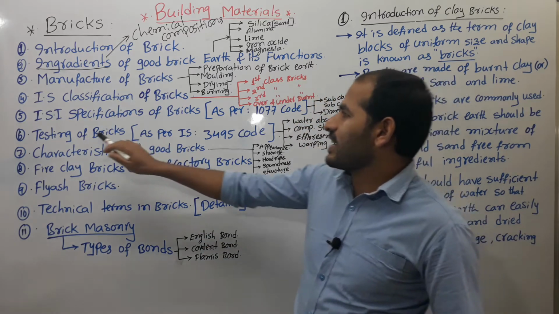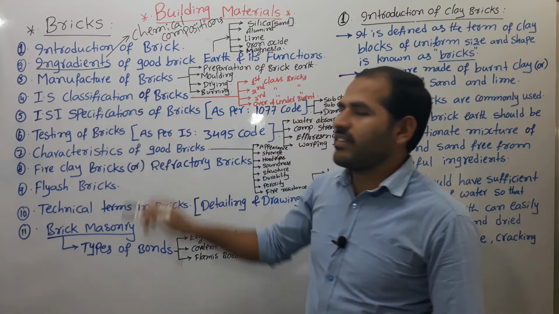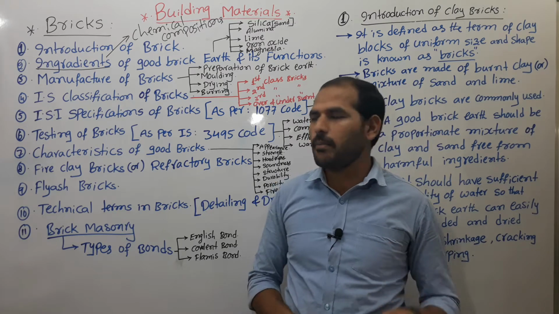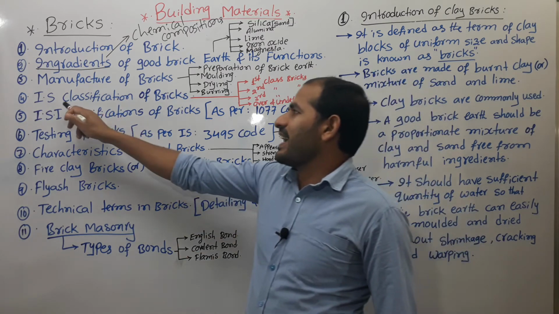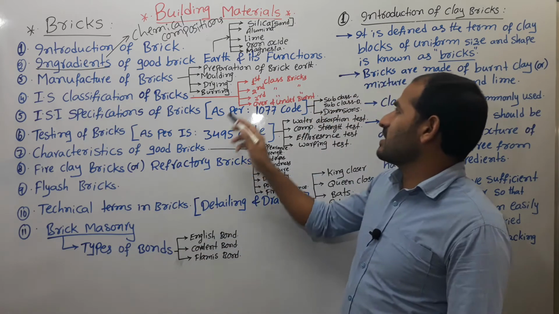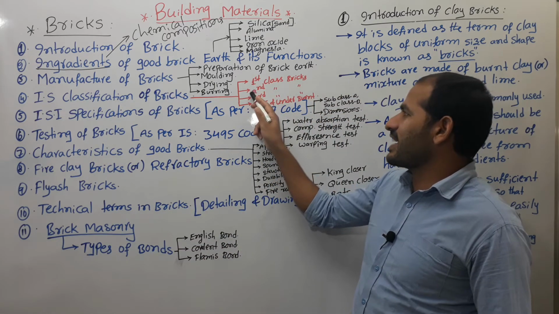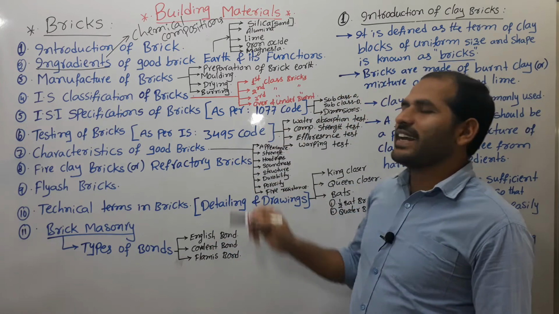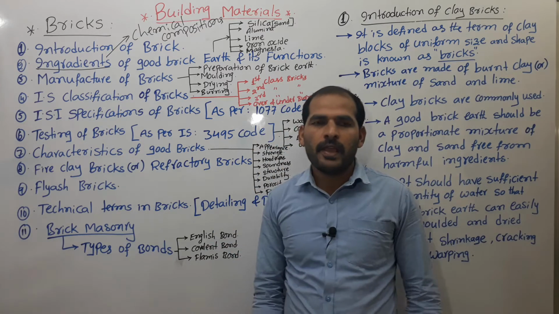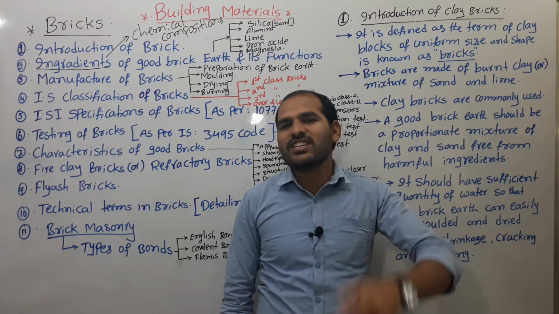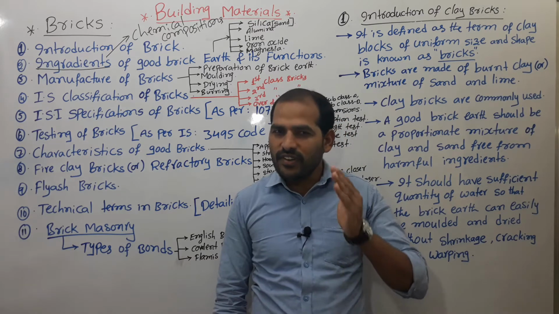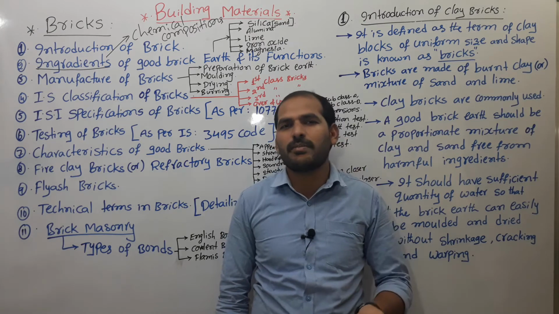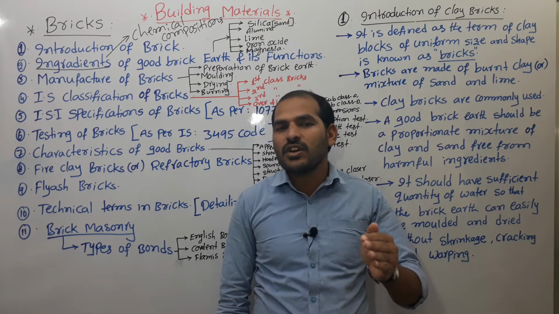And the next one is IS classification of bricks. IS means Indian Standard classification of bricks. Based on the Indian Standard classification, there are first class bricks, second class bricks, third class bricks and fourth class bricks.